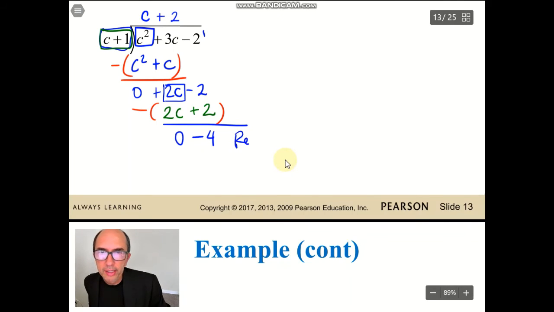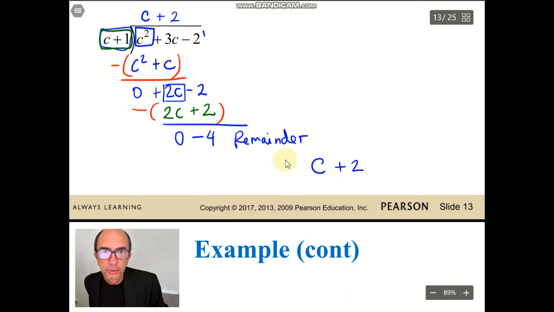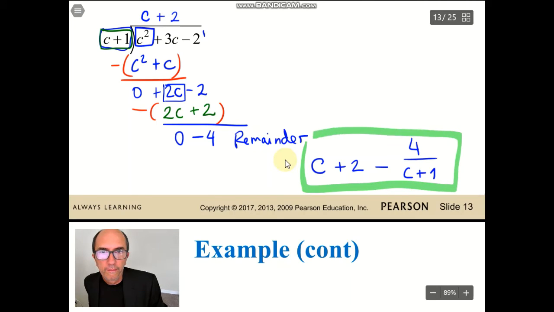This is the remainder. So then we can write down the solution as c plus 2 minus 4 over c plus 1.